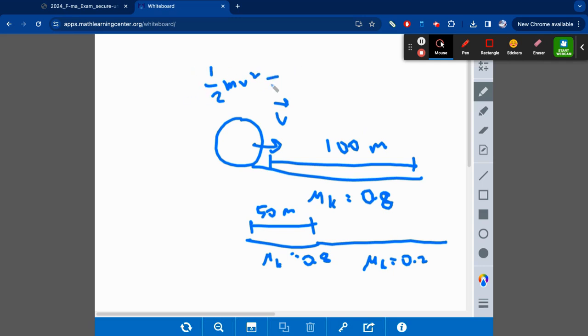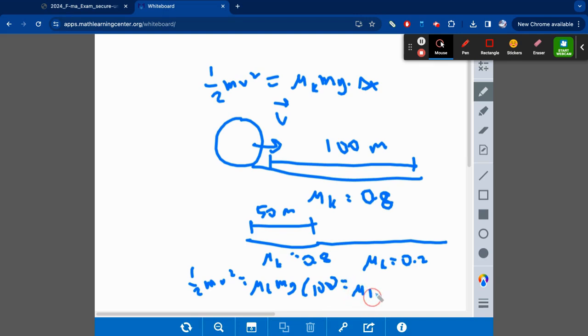So we know that 1/2 mv squared equals mu k mg times x, where x is 100 meters.